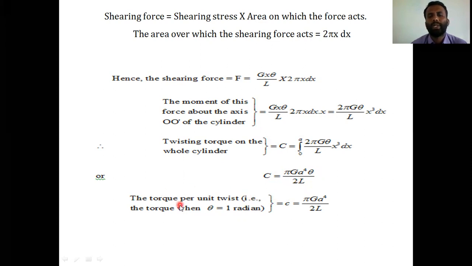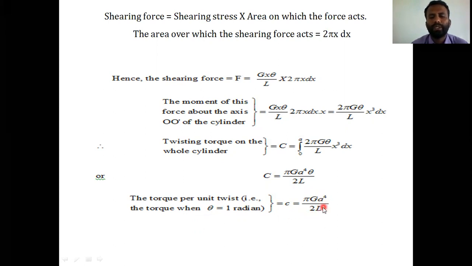The torque per unit twist is the torque when theta equals 1 radian. At that time we get C equals pi G a to the power 4 divided by 2L.